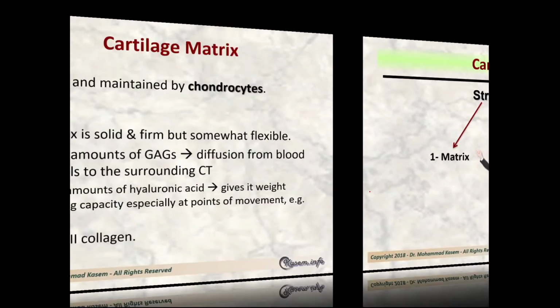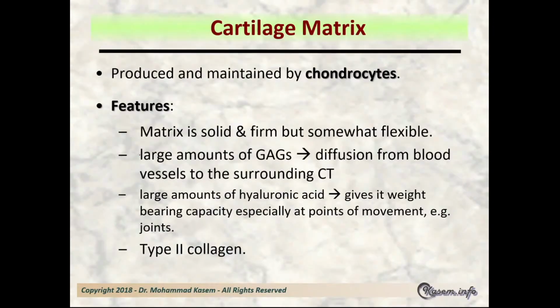The matrix of cartilage, as I said, contains a large amount of GAGs, glycosaminoglycans, which help in the diffusion of blood and nourishment from the surrounding connective tissue, and has hyaluronic acid, and also a variable amount of water and collagen type 2.